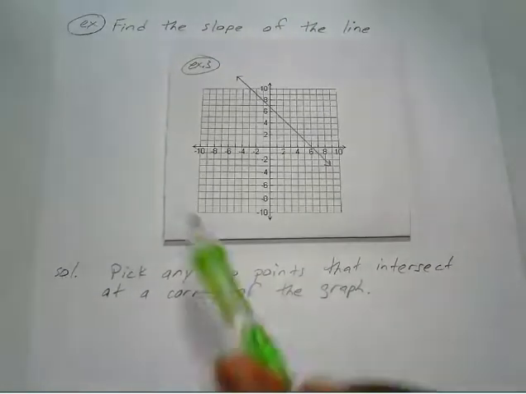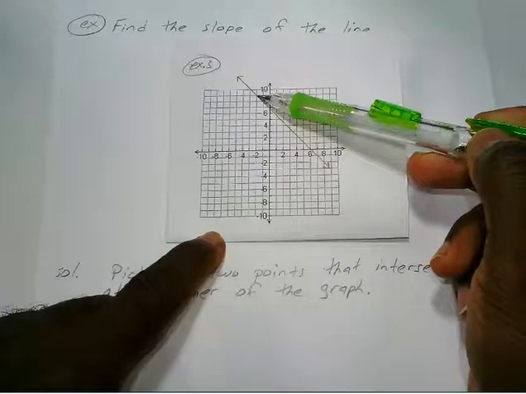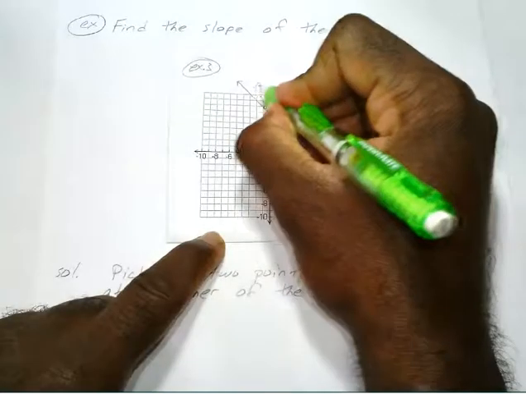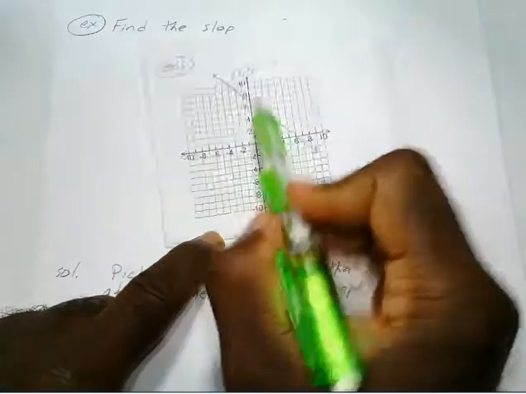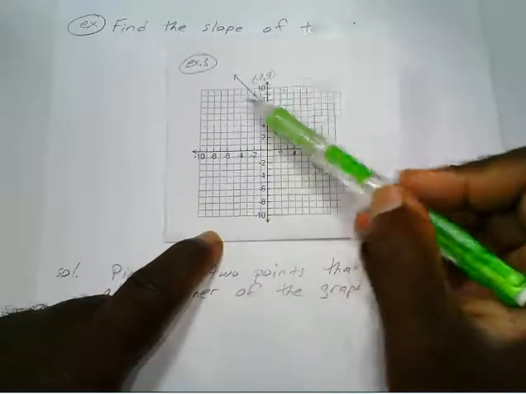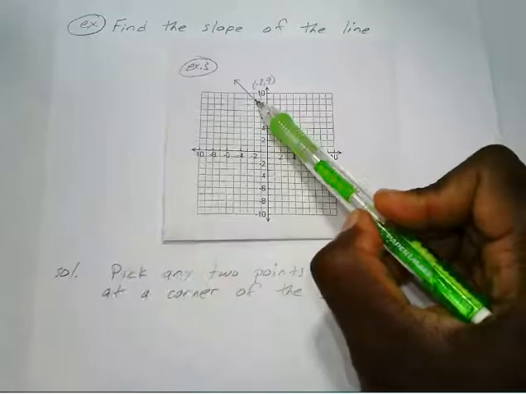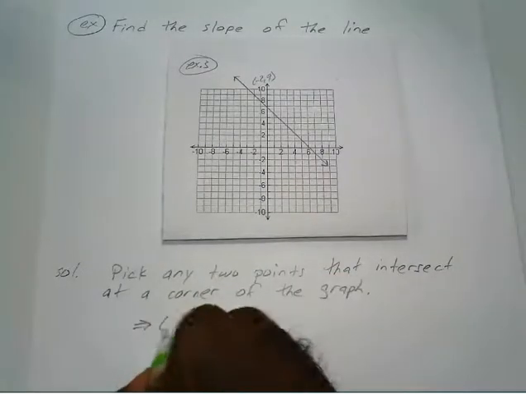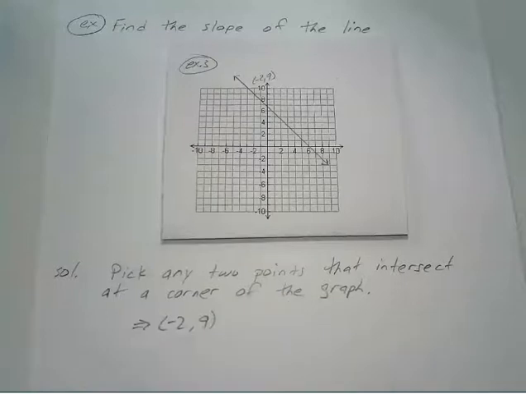Okay, so again, if we notice here, we know -2, 9. Okay, so we have -2, 9. Actually meets right at that corner. Okay, so that means we have -2, 9.